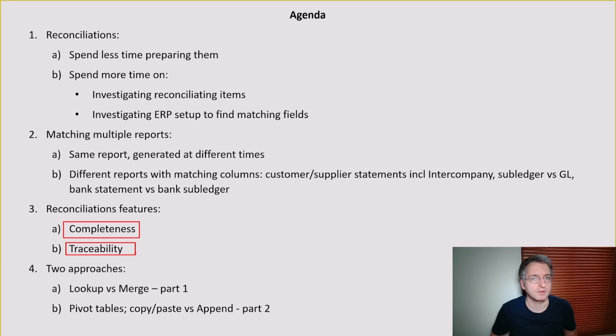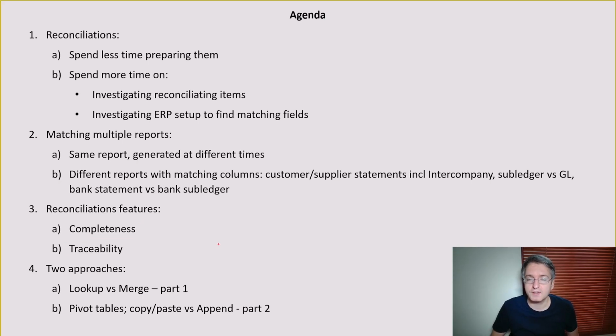This is important for every reviewer to be able to easily understand what the reconciliation includes. The second feature is traceability. Traceability refers to being able to track the mismatches to the underlying data source. For example, if it's imported from another system or the transactions sit in a subledger, and also to have the full details from the other source. This is important if you were to action on those items and investigate them, because you would like to have the full detail about them.